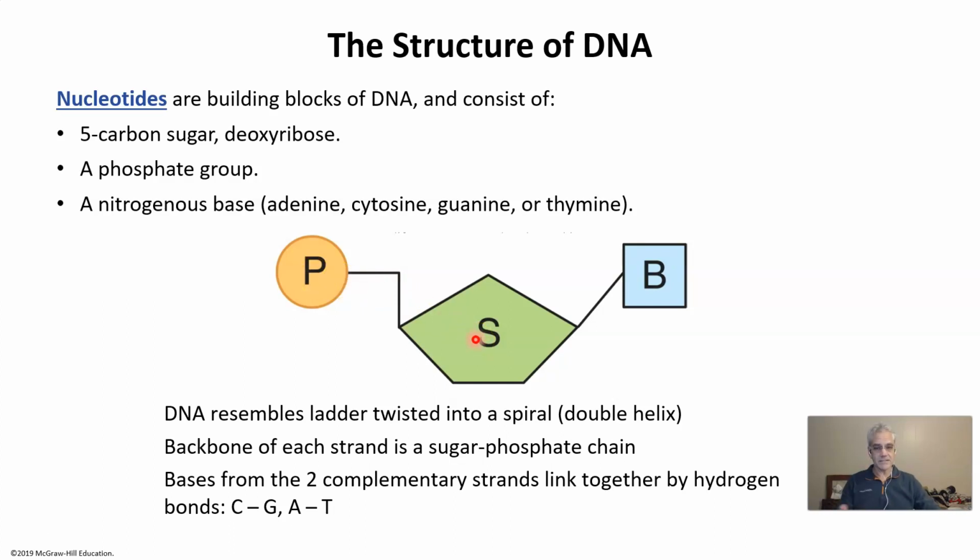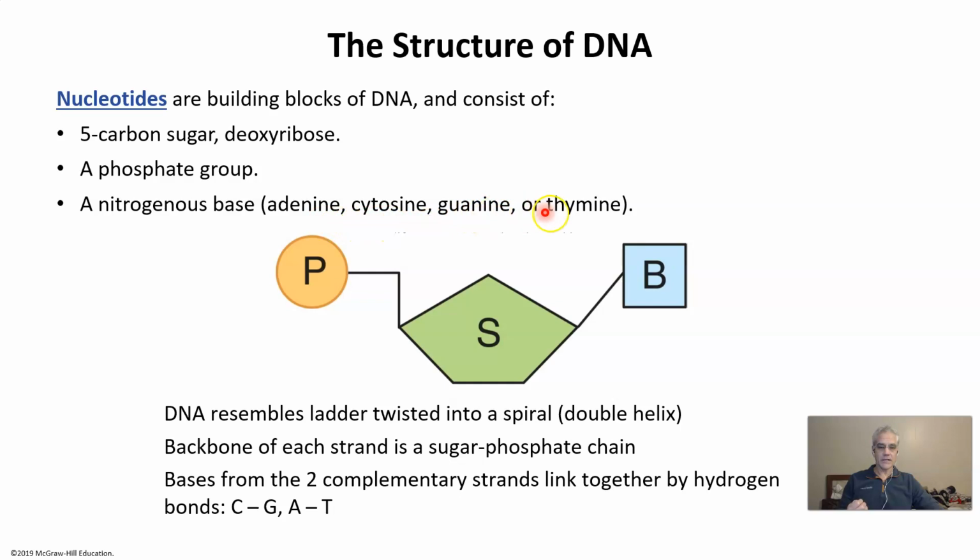The thing that varies from one nucleotide to the next nucleotide is this thing, the B. The B stands for base. Now we call it a nitrogenous base because it has nitrogen within its chemical complex. There are only 4 nitrogenous bases in DNA. Right?